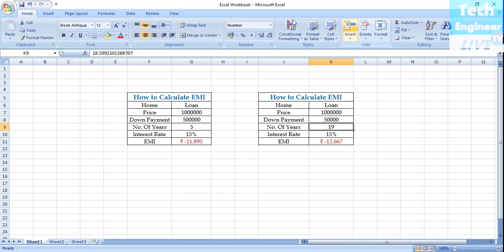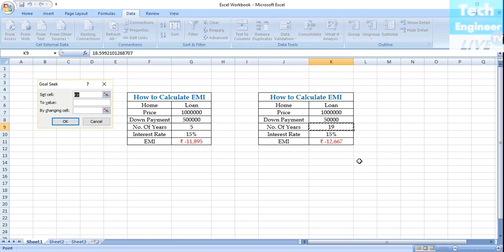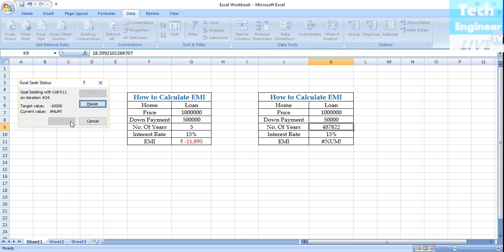I go to What-If Analysis, Goal Seek. If I say that I want to pay only 10,000 and I'm paying only 50,000 as the down payment, then how many years will it take me to get rid of it?